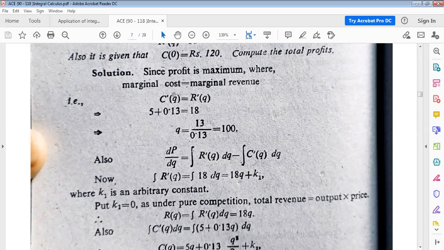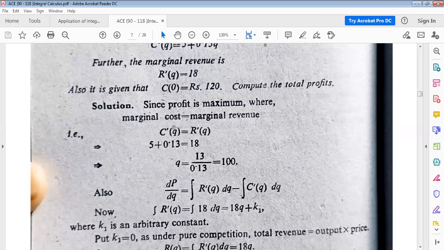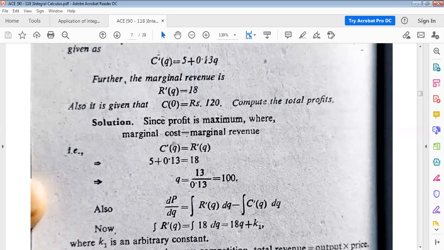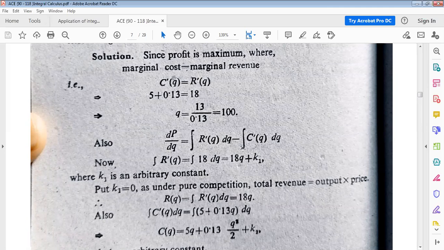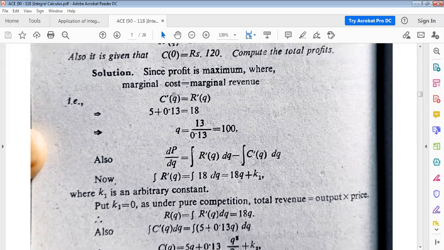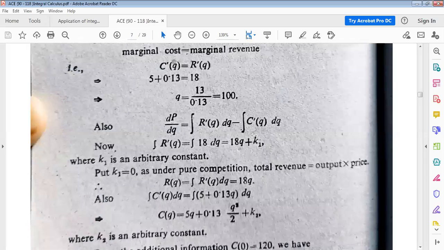Now integration of R'(q), which means revenue, equals, just putting in the values, C'(q) given as 5 plus 0.13q, and R'(q) as 18. So we get 18q plus k1, where k1 is the integral constant, an arbitrary constant.